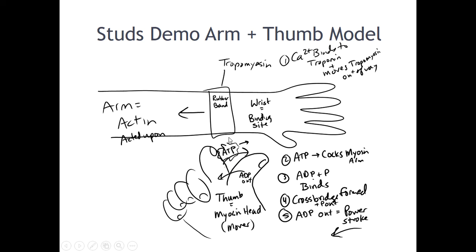The first thing is that this is in the way: the tropomyosin is blocking, troponin is turned off. A nerve fires, calcium ions are released from the sarcoplasmic reticulum, and your pointer finger would touch and bring calcium to the troponin. That causes tropomyosin, the rubber band, to slide out of the way. Now your wrist is exposed, exposing the myosin binding sites.